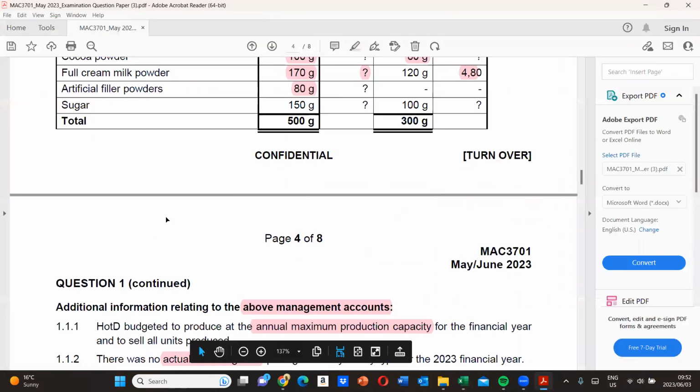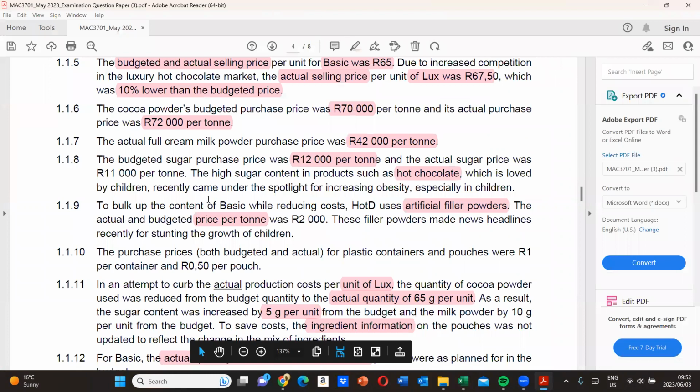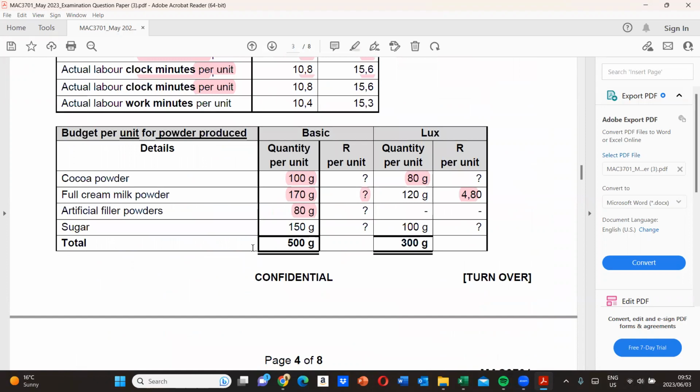Is there anything else? We're looking for variable cost. The purchase price for both budgeted and actual for plastic containers and pouches were R1 per container and 50 rand per pouch. Let's see what is happening in that regard.